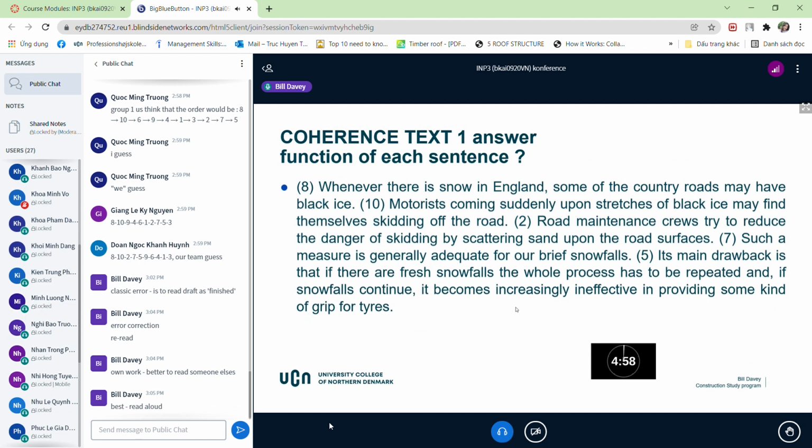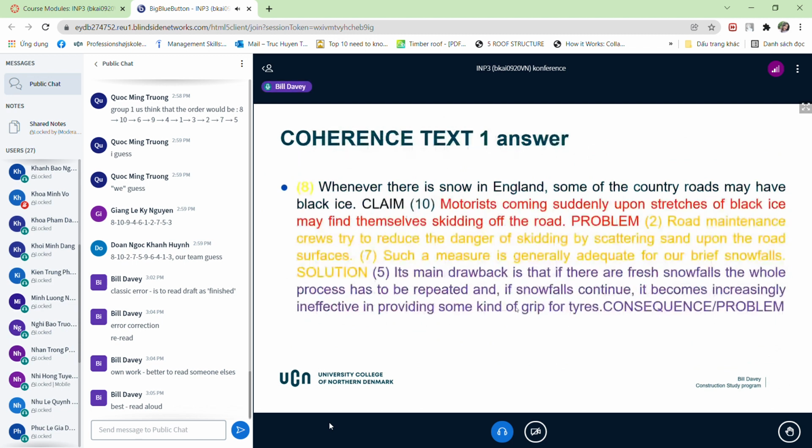Okay, so that's given you a little bit of time to think about the function of each sentence. If we look at it again now that I've colored it in for you, we can see that the first sentence is a claim. And that means that we are setting our topic. We are telling the reader what the next few lines of writing are going to be about.